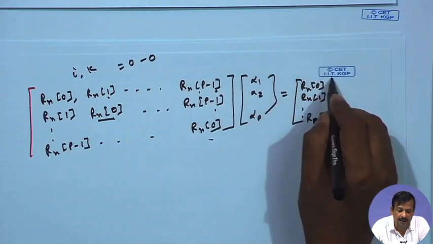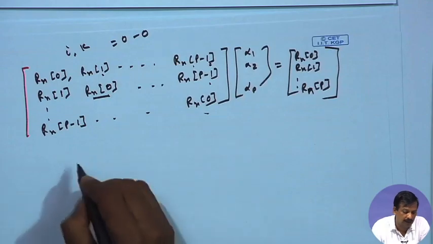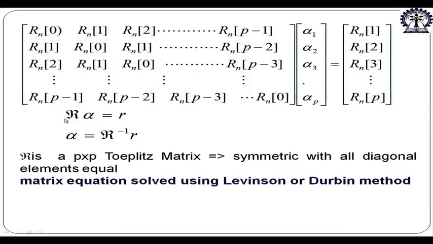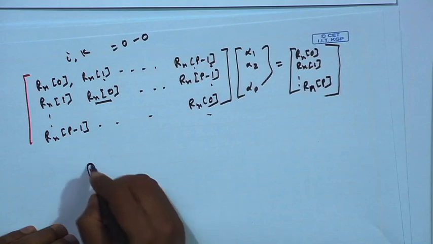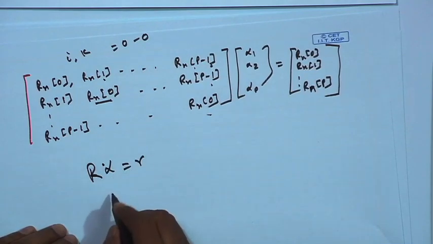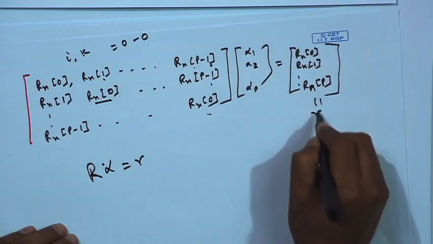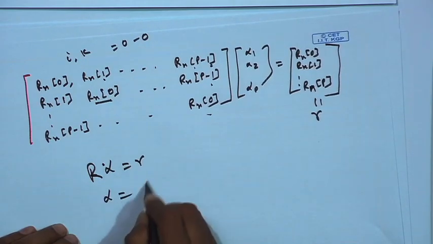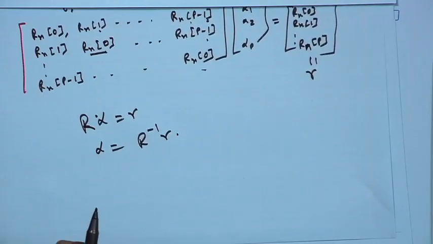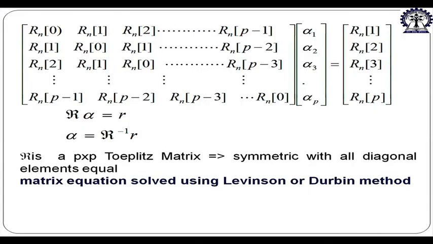If I solve this, if capital R is this matrix and R times alpha is equal to small r, then alpha is equal to capital R inverse times small r. I can solve it.